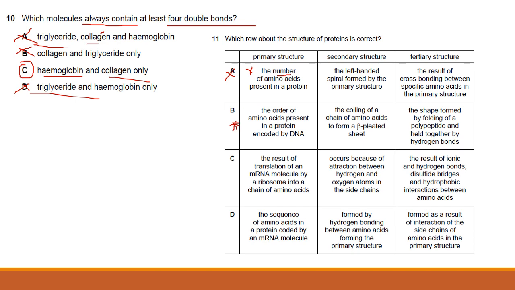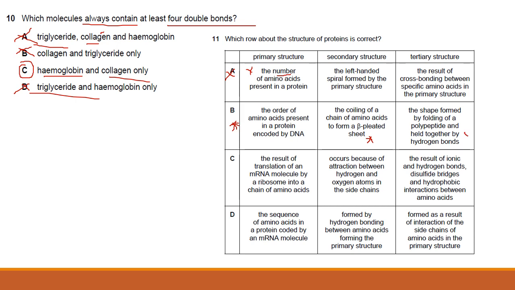Secondary structure, the coiling of a chain of amino acids to form a beta pleated sheet. This again is not wrong, but it's also not fully correct, because a secondary structure is not only about forming a beta pleated sheet, you can also form an alpha helix. Okay, so this again, not so much. Tertiary structure, the shape formed by folding of a polypeptide and held together by hydrogen bonds.